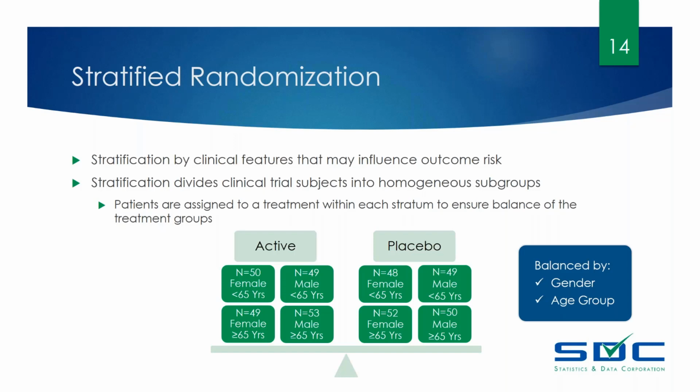If an IRT is not used in this example, each site will need 4 separate randomization lists, one for each stratum. As you increase the number of stratification categories, you must increase the number of randomization lists accordingly. To illustrate, if you have 3 stratification categories with 2 factors in each category, you would need 2 times 2 times 2 equal 8 randomization lists at each site, one for each of the 8 strata.